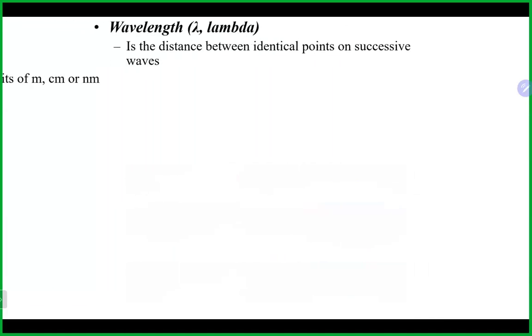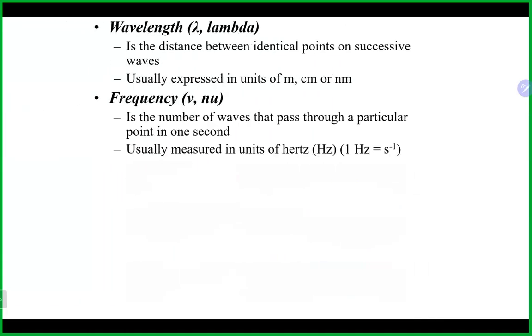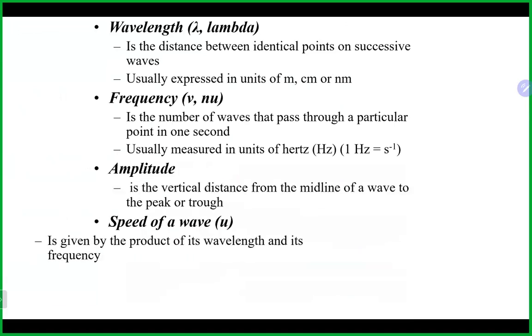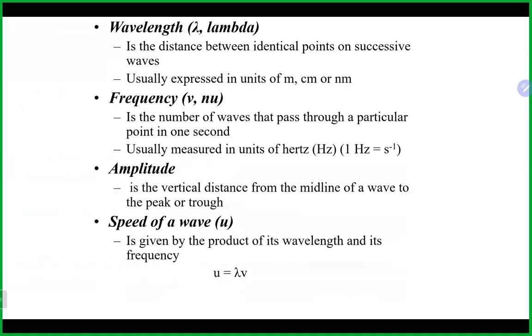So when we look at a wave specifically, there are some points on it which are important to know. When you look at a wave such as this, the distance between 2 peaks or 2 troughs, that is lambda. That is the wavelength. And the wavelength is typically given in meters and nanometers and centimeters sometimes.